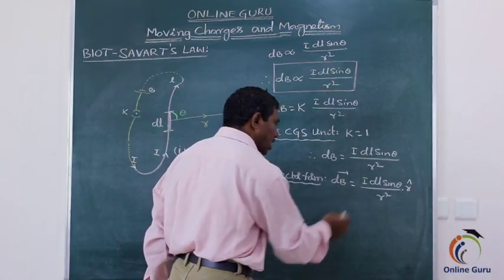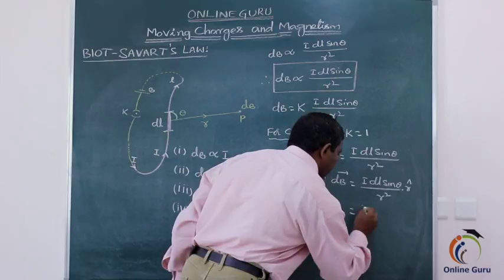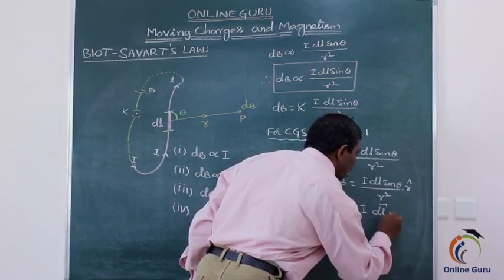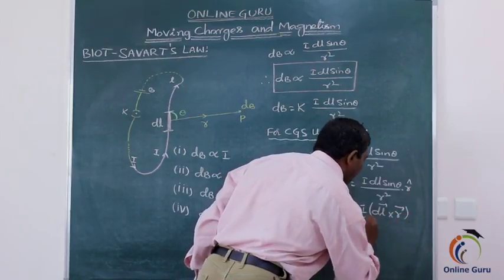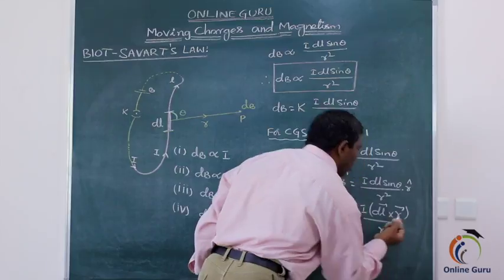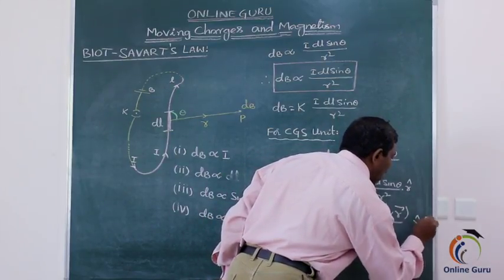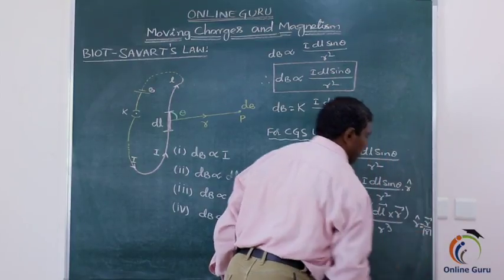Again, this can be written in a different manner, as I into dl bar cross r bar divided by r cube, because r cap is equal to r bar by the magnitude of r bar.